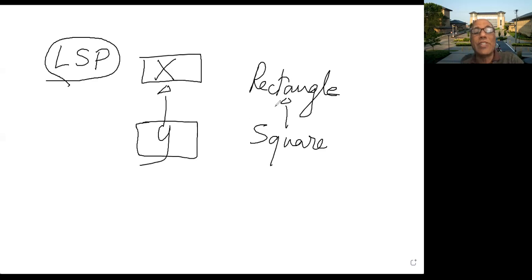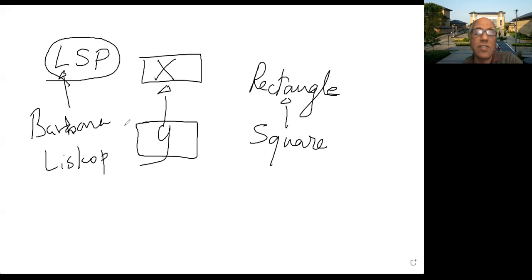This is the kind of question that LSP tries to answer. This was proposed by Barbara Liskov of MIT, and she came up with this idea, I think, around 1996. Liskov. Yeah, so it is Liskov substitution principle.